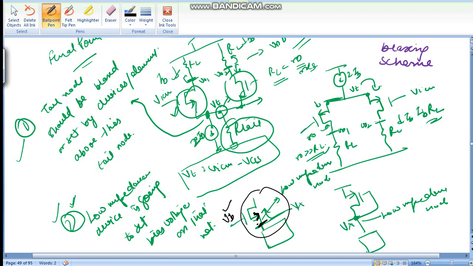Similarly here, this is a direct connection, and this device has low impedance, so this device is going to set this Vx voltage. So this is for all kinds of circuits, and you should remember this point for biasing purposes.